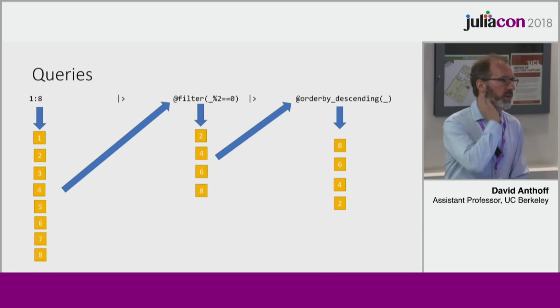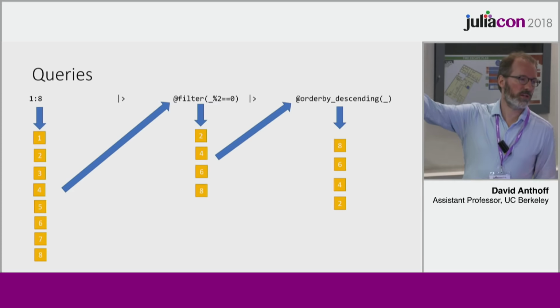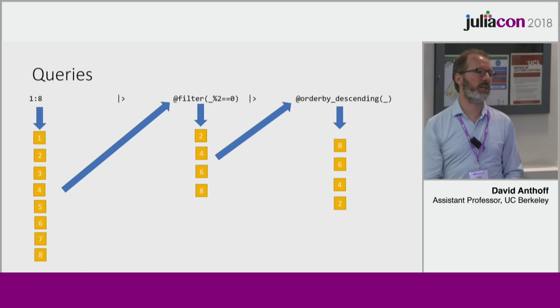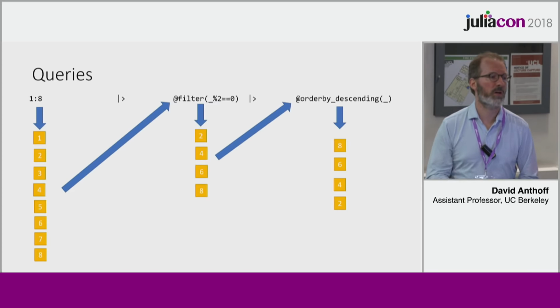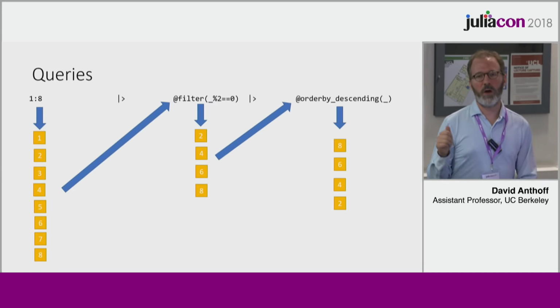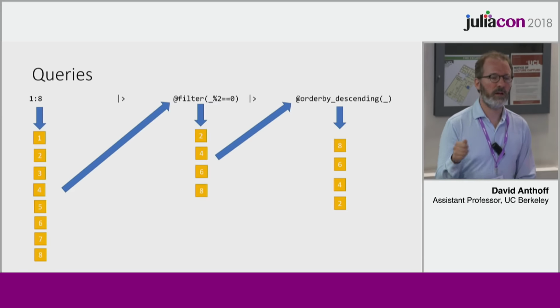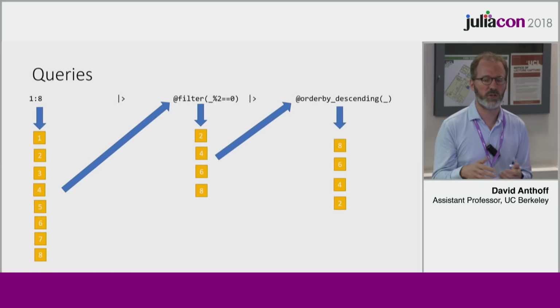So note a couple of things. This underscore: the arguments to these operators, to filter and order by descending, typically operate on one element in the input sequence at a time, and the underscore references the current element in that sequence. In the previous example, the underscore stood for each row, and that predicate would be applied to each row individually.